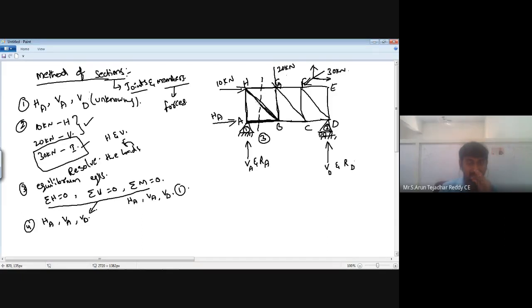It means it should be 3 members only. When you take one section, it should not pass through more than 3 members. And if I take here one, now I am cutting here. Here, how many members are passing here?